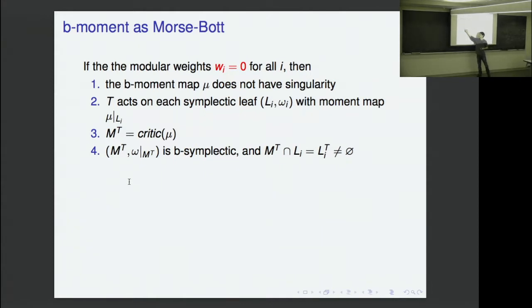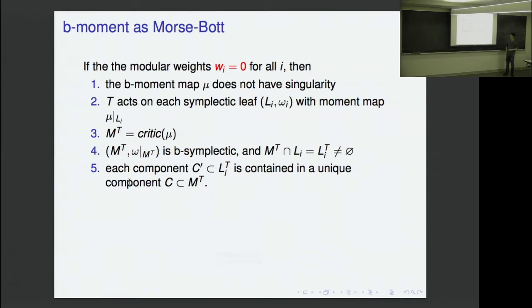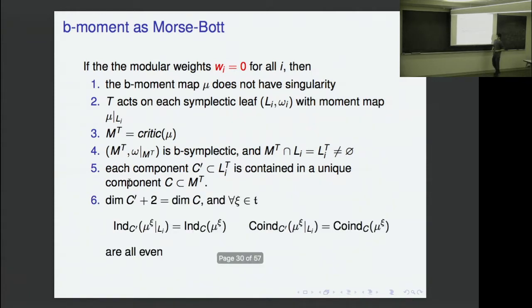restriction of the b-symplectic form is going to give a b-symplectic structure on the fixed point set. And each component in the fixed point set of this fiber L can be extended with 2 dimensions higher to be a fixed component in the M. And so these are relations between these fixed components.